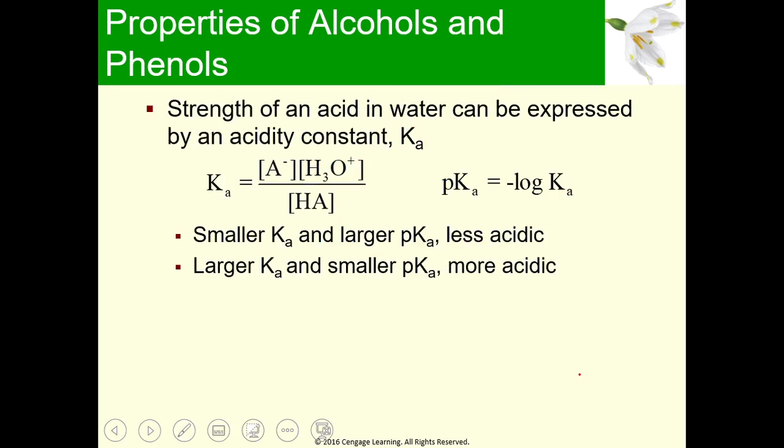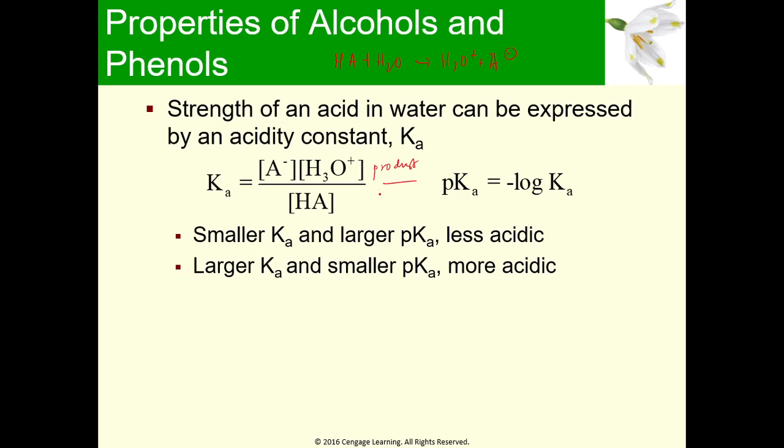So, the strength of an acid in water can be expressed by an acidity constant called your Ka. So, Ka is just an expression. So, alam natin na your HA reacts with water to produce H3O+ and the A minus. So, paano sinusulat ang Ka expressions? So, ang nasa taas dito is yung mga products.